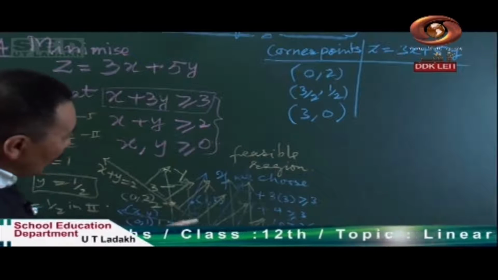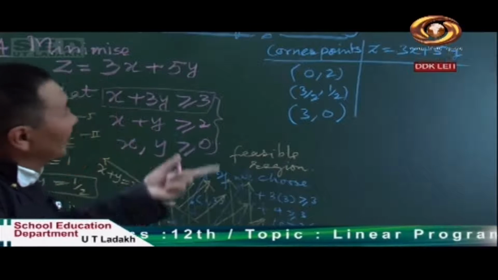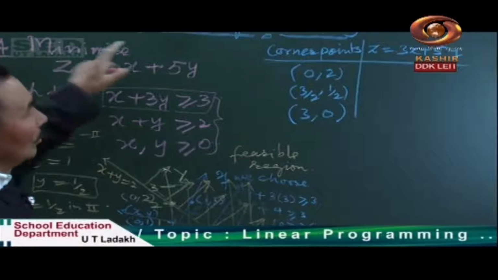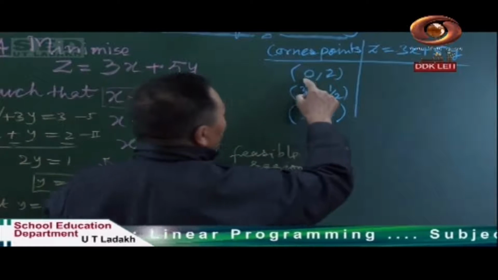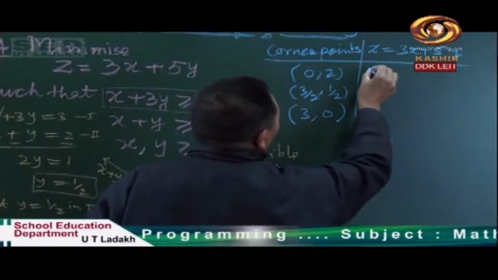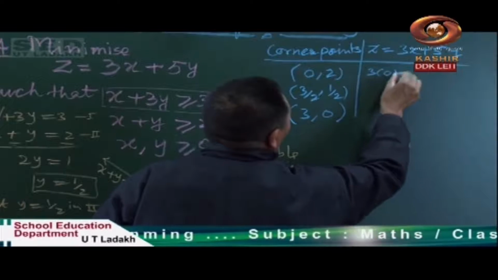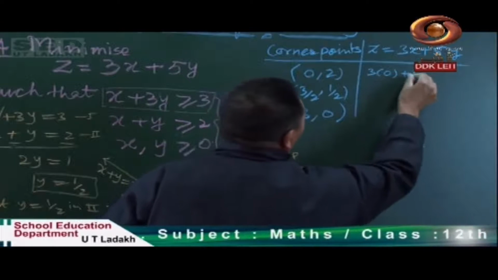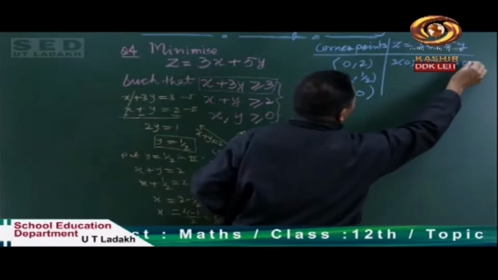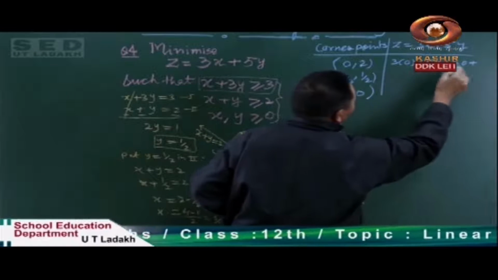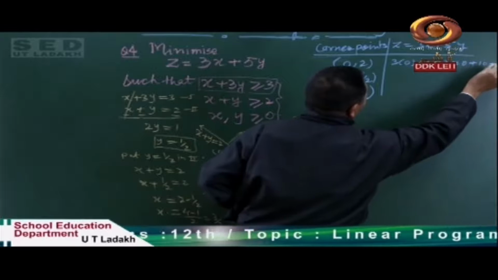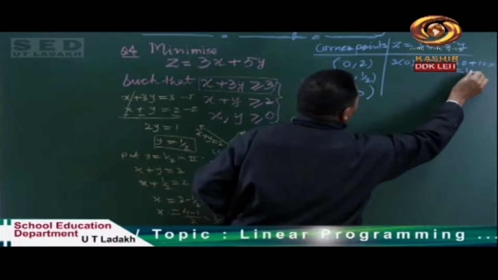We have to take the corner points of the feasible region to find the minimum value of that z. So at 0, 2 it will become 3 into 0 plus 5 into 2, that is 0 plus 10, which is 10.